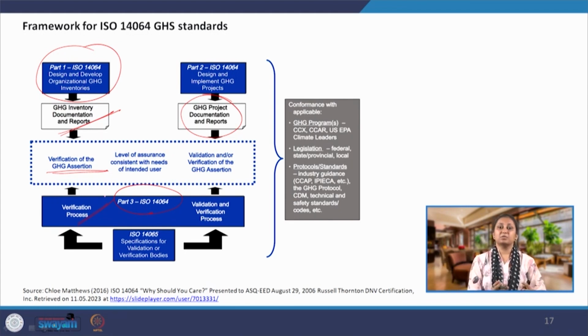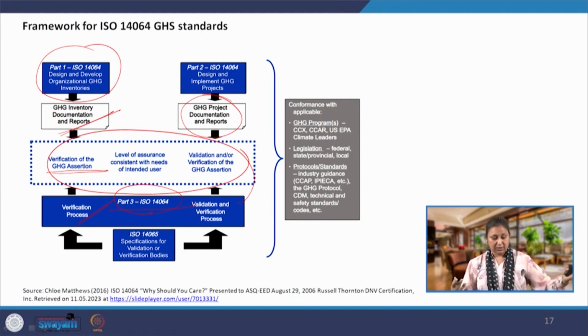So, the third part is verification, which is important. Validation and verification is dealt with in part 3 of ISO 14064. All these three together give us a proper verified, monitored measurement of the GHG emissions as a framework.